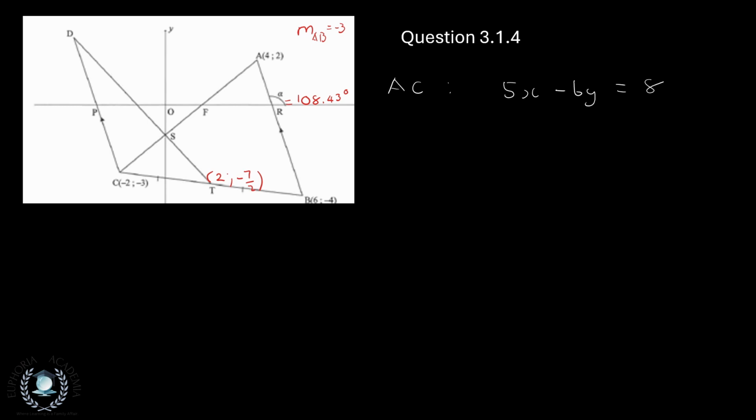Now, if we're told that S is actually the y-intercept, that means x should be 0, and we're just looking for the y value. So let us substitute x is equal to 0, minus 6y is equal to 8, and we will find that y is equal to minus 4 over 3.